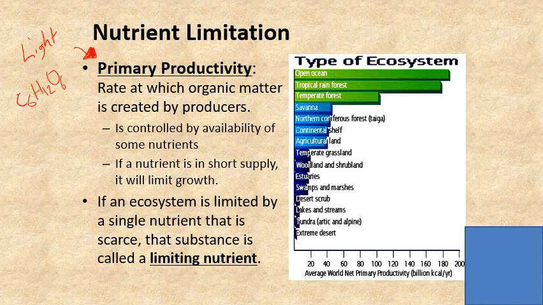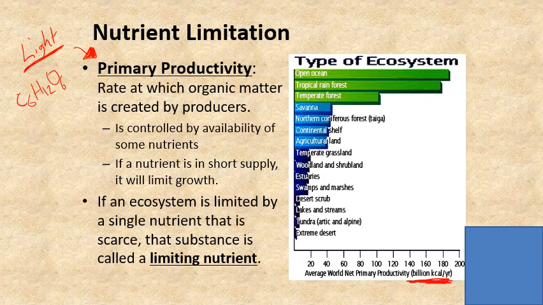So the amount of sugar that they can make is measured in billions of kilocalories per year. Calories being a unit of energy. You have sugars in drinks, there you have calories. It's dependent upon how much light that ecosystem receives, but also the nutrients needed to produce these molecules, to grow the organisms that are going to produce these.